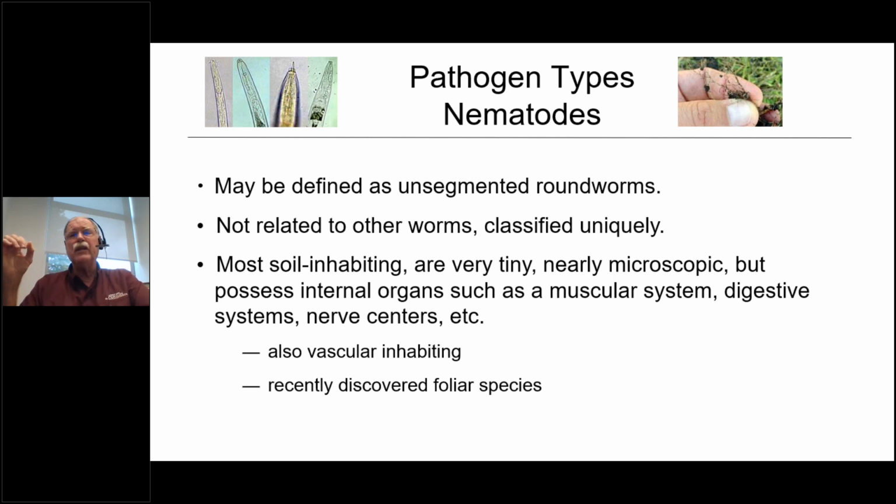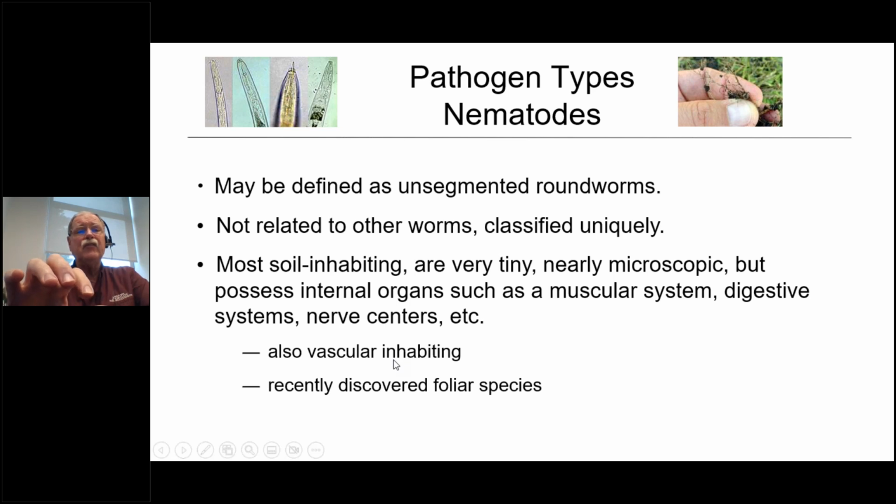I can't anymore, but if you have a suspension of them in a test tube, you can kind of see them. But nematodes have all the internal organs that human beings do: muscles, digestive systems, nerves, you name it. They're curious little roundworms.